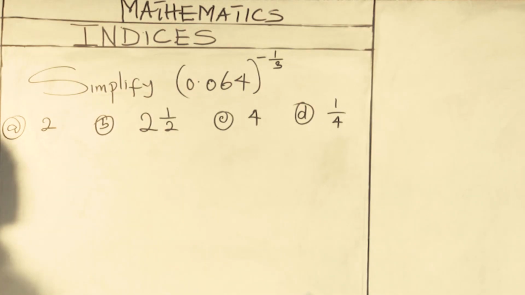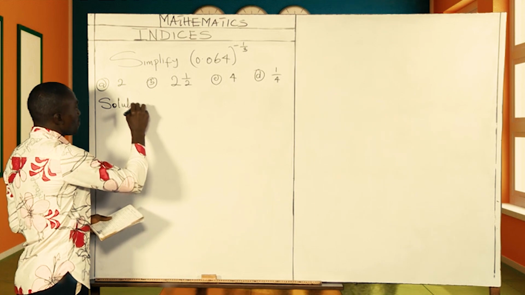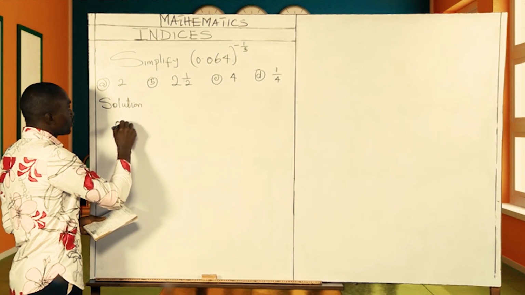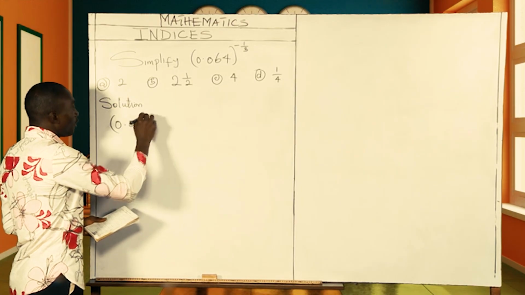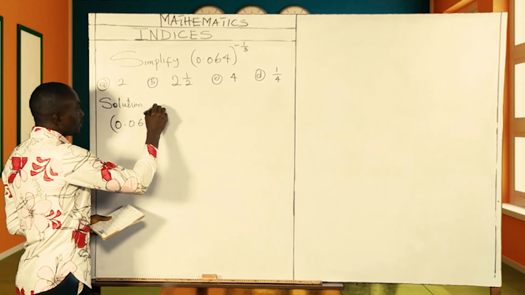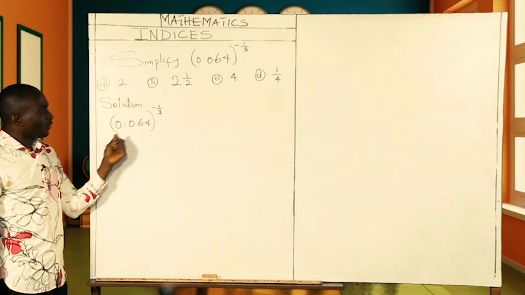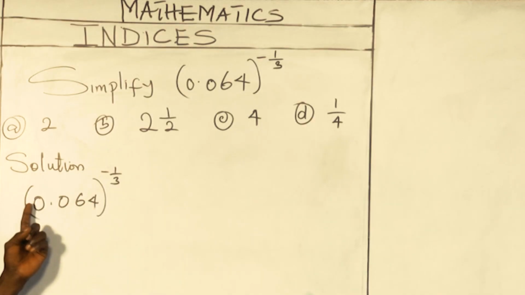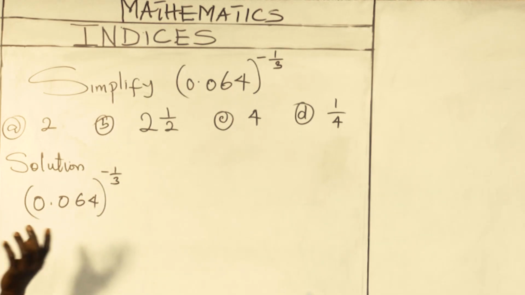Let's solve the question. Solution: (0.064) all raised to the power of minus 1 over 3. First of all, the base is 0.064, which is not a whole number.